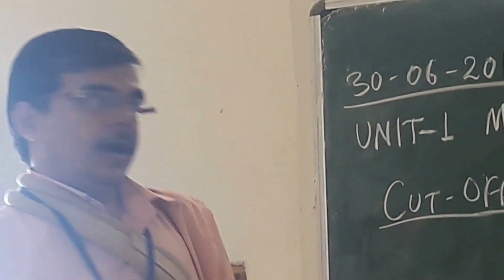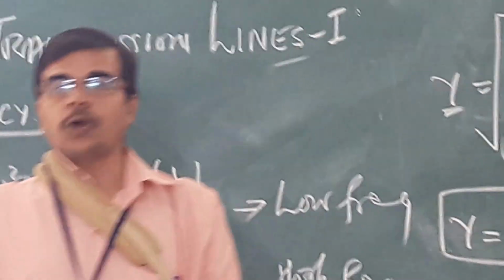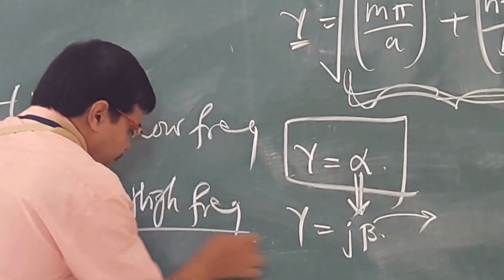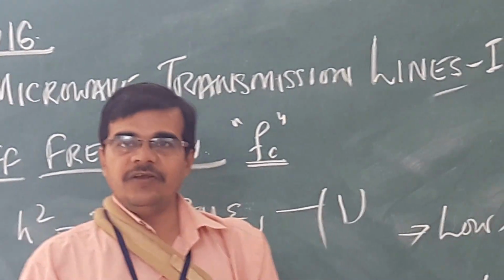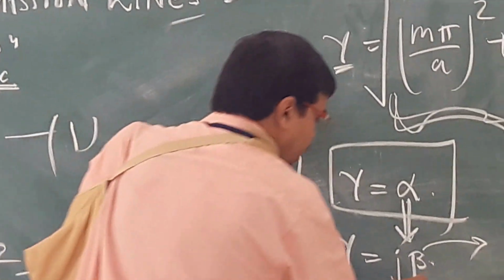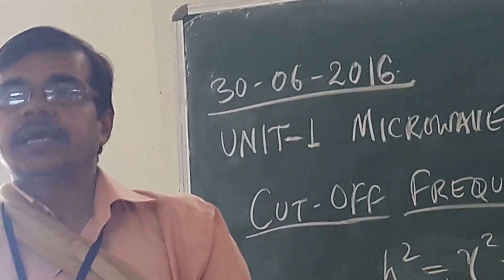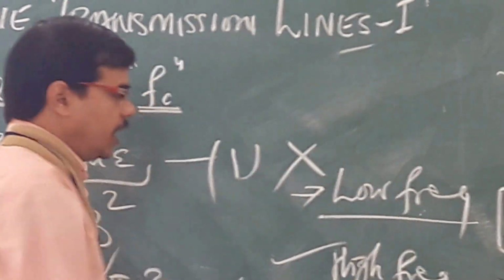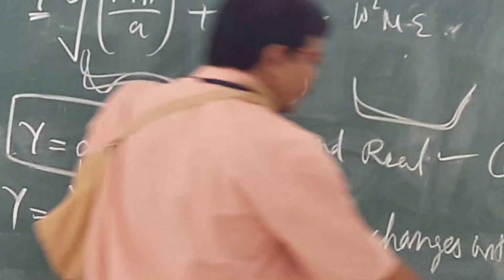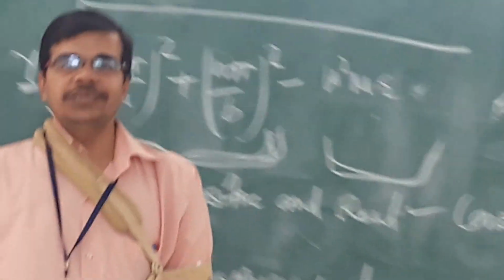Okay. Beta is your phase constant. So here what is happening, when you are going for high frequency signal, you will have change in phase. Propagation will be there, and there you will have change in phase.